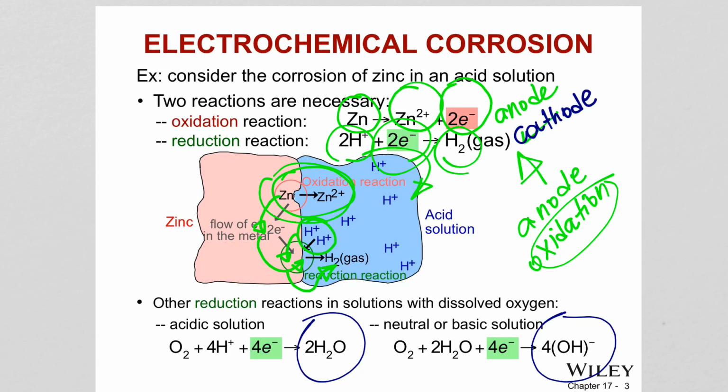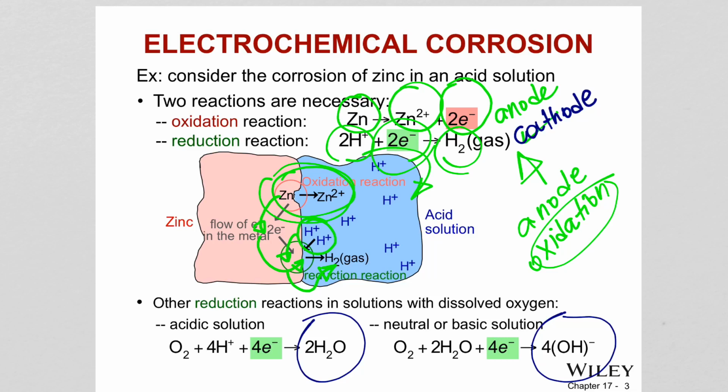One region can act as an anode and the other region can act as a cathode, like it is happening here within the same material. So the anodic and cathodic regions have to form, and they have to be in electrical contact. The reason why, because the electrons need to be transferred from anode to cathode.